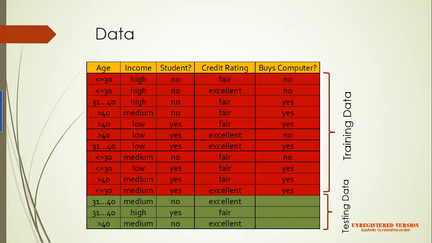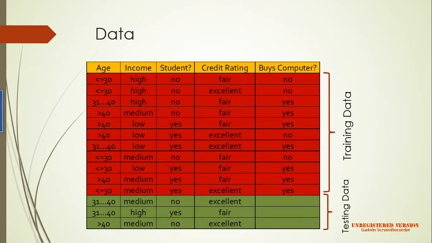If you observe the training part, you have the result already. That is what your old data says. And you have testing data, where you need to decide whether that person is going to buy or not. If he is not going to buy, we can give some discount coupons, and see whether he will buy.